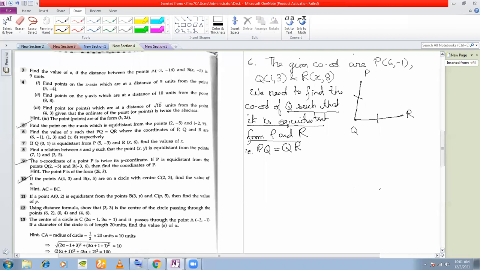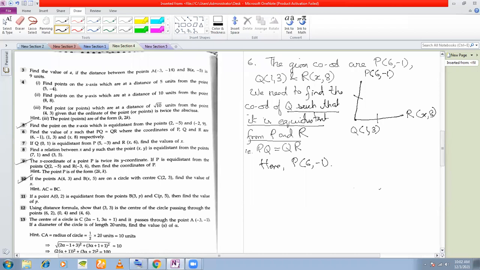So how do you find it? Put the coordinates here. You have coordinates of P here as (6, -1), coordinates of Q here as (1, 3), and the coordinates of R here as (x, 8). Now let's first find the length of PQ.